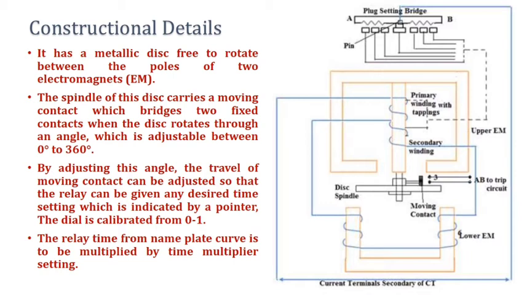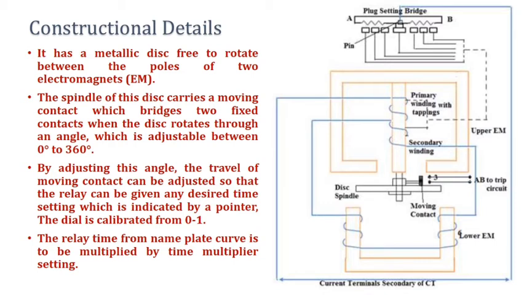One is an upper electromagnet and the second is a lower electromagnet. The upper electromagnet is E shaped and connected with the CT secondary, and the second connection of the CT secondary winding is with the lower C-type electromagnet.